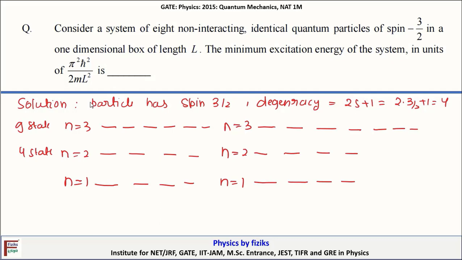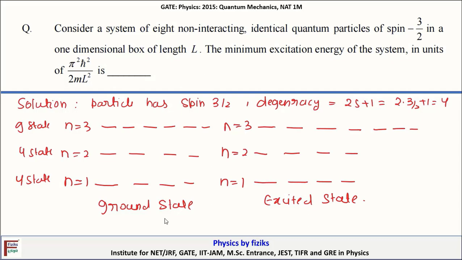In reality there is 1 state, but since spin is 3 by 2, here you will have 4 states. This is for the ground state distribution, and this is for the excited state.